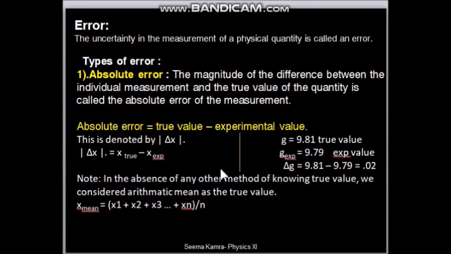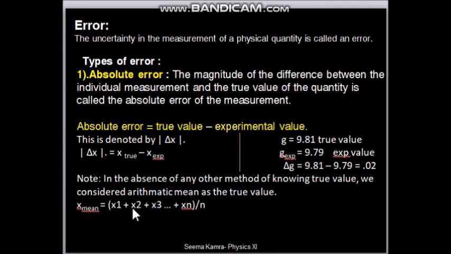Now suppose in some cases the true value is not given. Okay, so in the absence of any other method of knowing the true value, we consider the arithmetic mean as the true value. Suppose we are measuring any quantity x and its first measurement is x1, and when we have taken the measurement a second time, the answer came x2, x3.